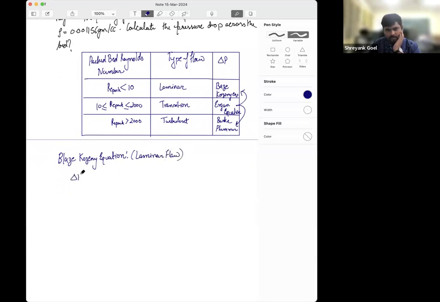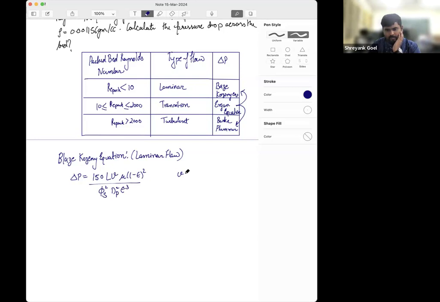Delta P is 150 L, that is height of the packed bed, V, that is the superficial velocity, viscosity into (1 minus epsilon) squared divided by phi_s squared dp squared into epsilon cubed.